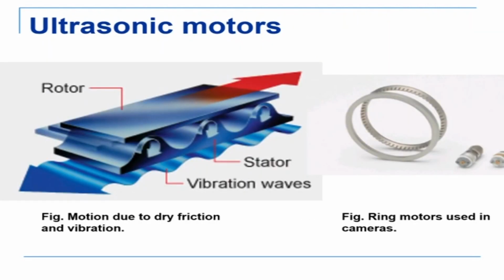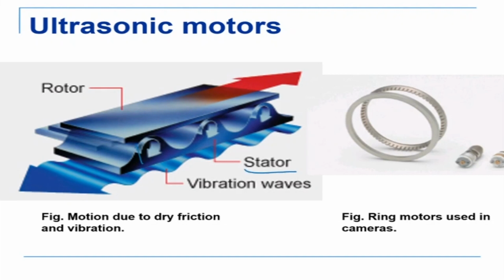The first one is the ultrasonic motor, and I'm sure you have used this. If you have not, after this class, once you understand where it is used, please have a look. It is used in cameras, for example. Let me explain how it works. Unlike a normal brush DC motor, a brushless motor, or a stepper motor, here we have a rotor and a stator.